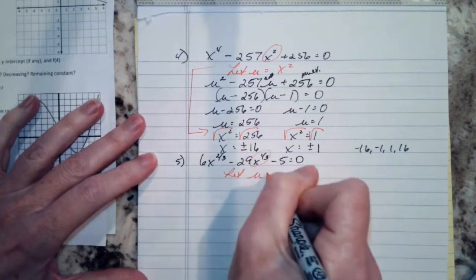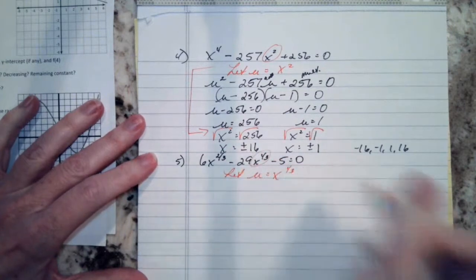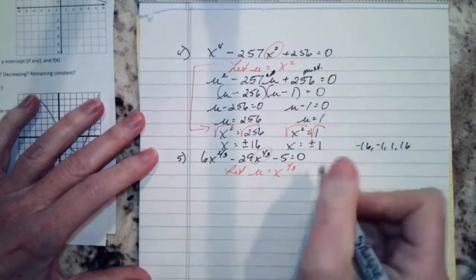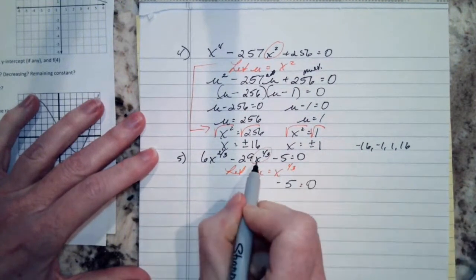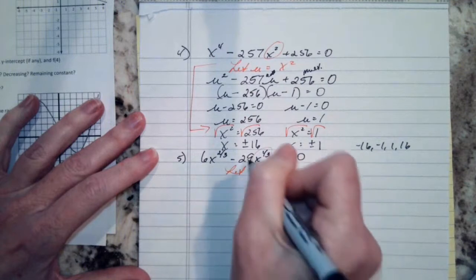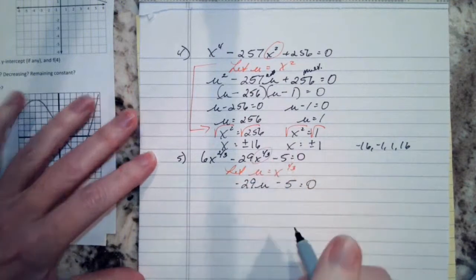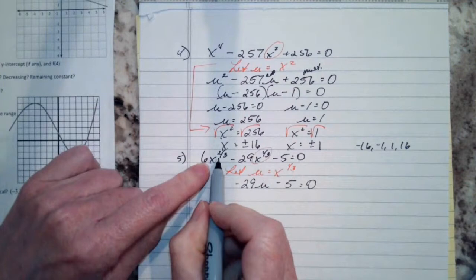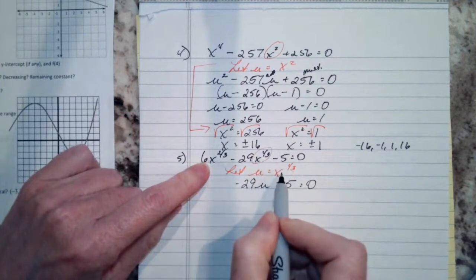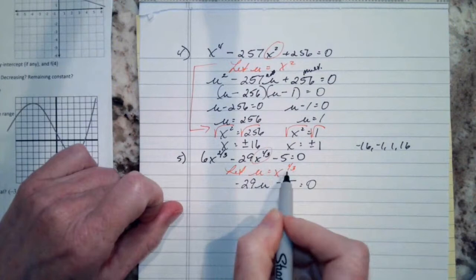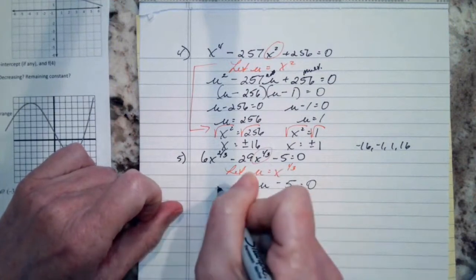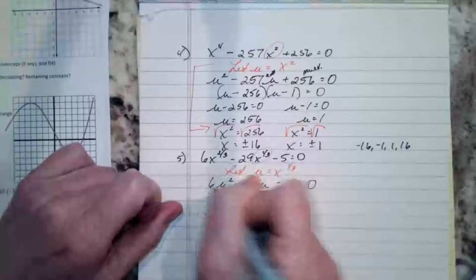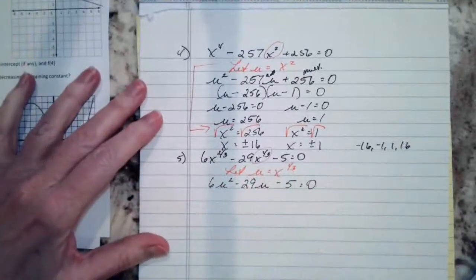So let's substitute in mu in place of x to the 1/3. Start back here. Oh, there's an x to the 1/3. Put a mu. Oh, there's an x to the 2/3. That's the square of x to the 1/3. So if we're substituting mu for this guy, if we square this guy, we got to square that guy. So mu squared, and then we've got a 6.